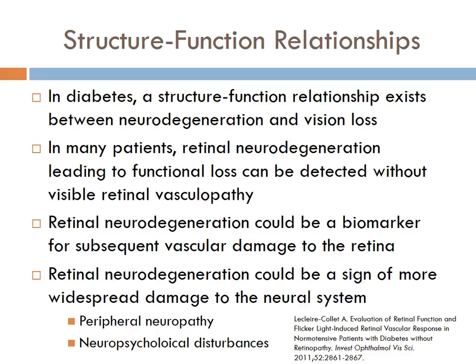And we now know that there is a structure-function relationship that exists between neurodegeneration and vision loss. And in lots of patients, you get this neurodegeneration that leads to vision loss, and it happens without you seeing anything. So you can have retinal neurodegeneration that produces measurable loss of vision, and the retina can look totally normal.